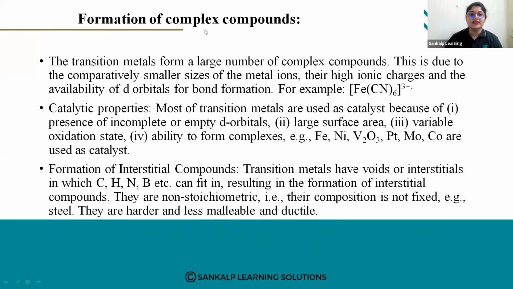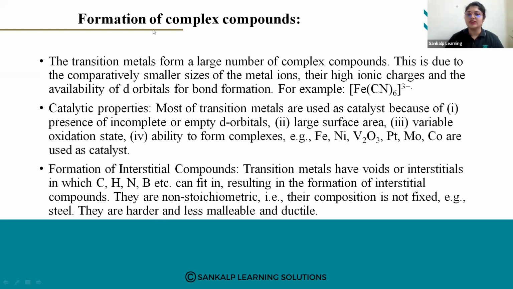elements. Next, we had seen the formation of complex compounds. Transition elements, as we have discussed, form a large number of complex compounds. What is the reason? Due to the small size of metals, high ionic charges, and availability of d orbitals for bond formation.